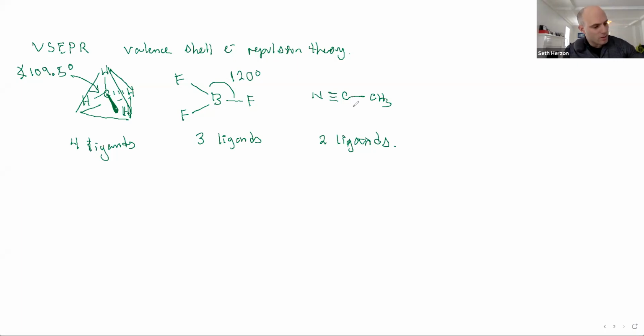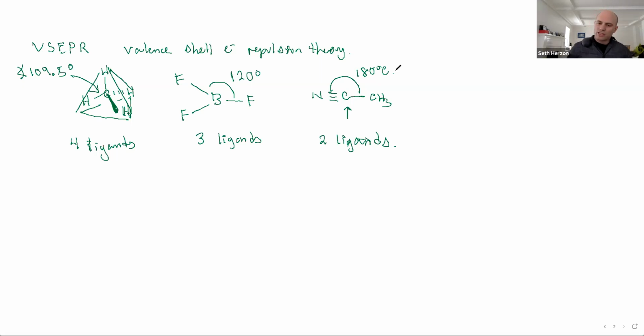And if we think about the carbon here, okay, forget about the bonds for a second. Don't let that throw you off. I've got two ligands on carbon, okay? And so the best way to get them apart from each other is to have them separated by 180 degrees, okay?